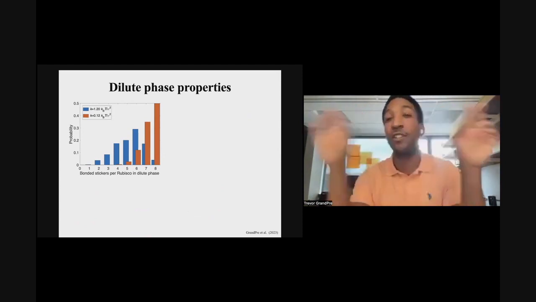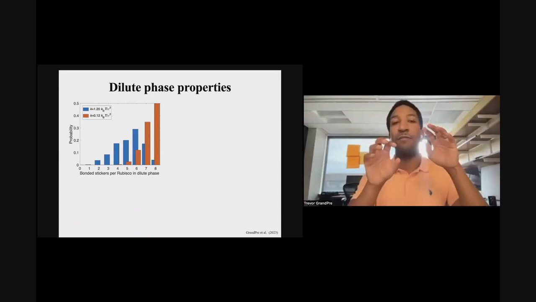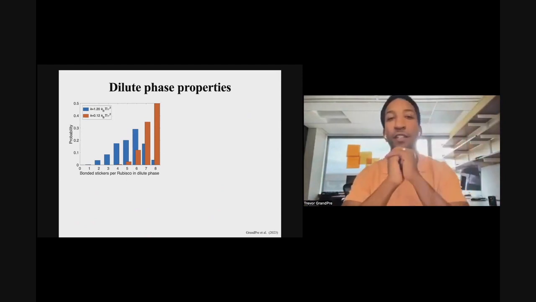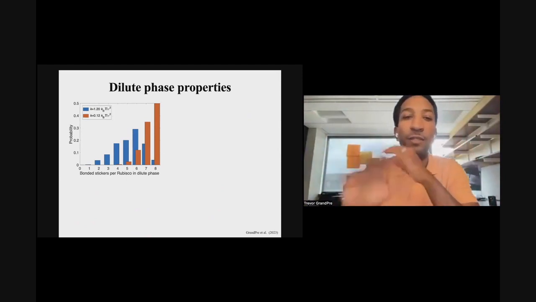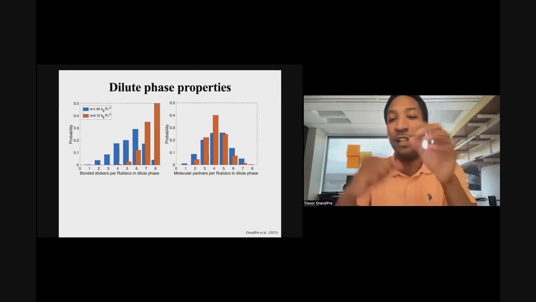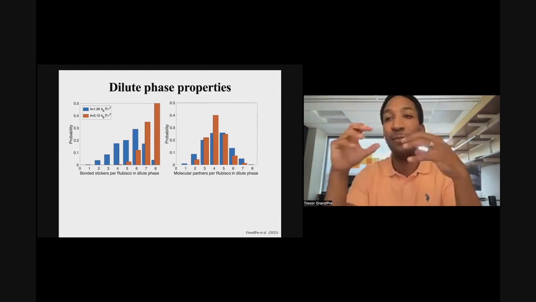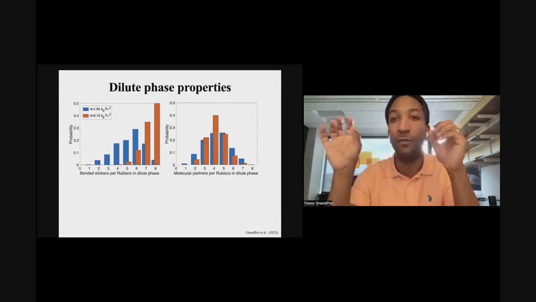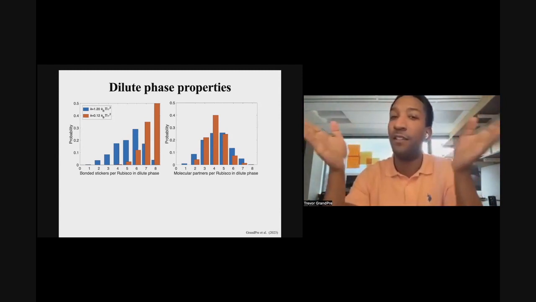So in the short linker system, Rubisco are not satisfying all of their bonds in the dilute phase. However, in the long linker system, they are able to satisfy all of their bonds. But if you look at the molecular partners per Rubisco, how many different EPYC1s are bound to a specific Rubisco, now you see that they're the same.